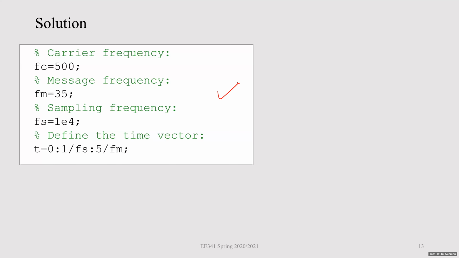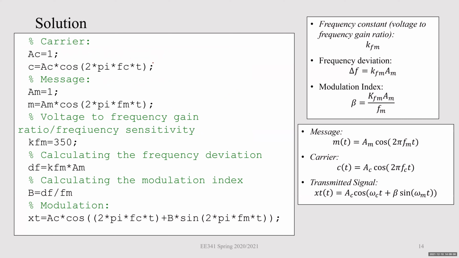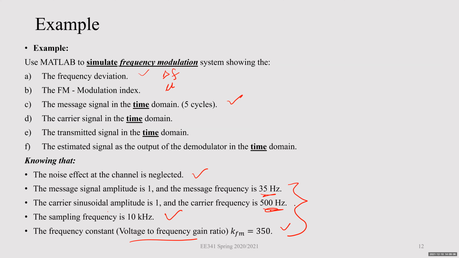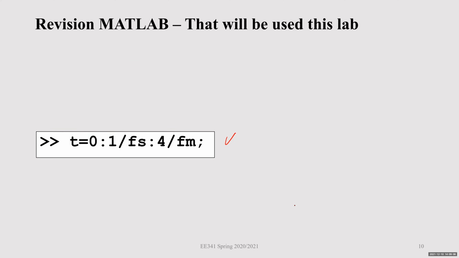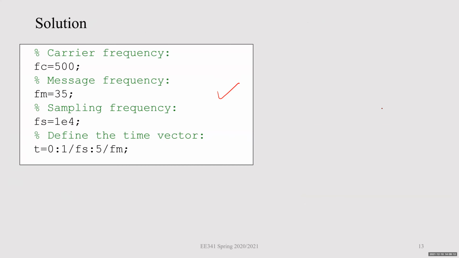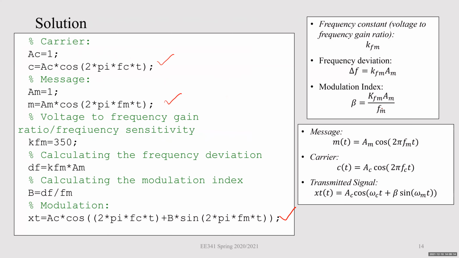So defining everything here, then defining the carrier, defining the message, and then defining this equation, which I told you is this one. We don't have to multiply with the carrier as we were doing in amplitude modulation. Here we have to write this equation.